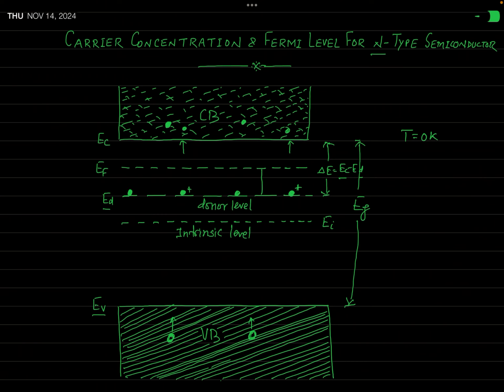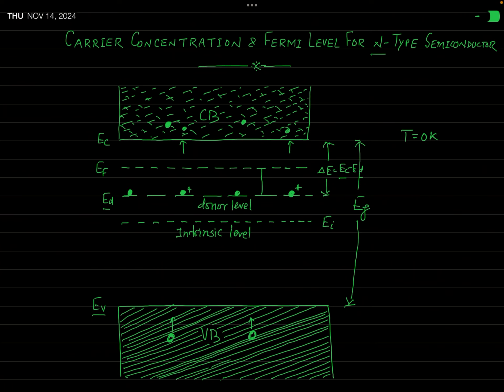Okay, so there are two means of electrons going to this conduction band. First of all, the electrons from the donor level move to the conduction band, and this is actually the fifth electron of the donor atom, that is the extra electron, and so due to this the donor atoms get ionized, they get positively charged.